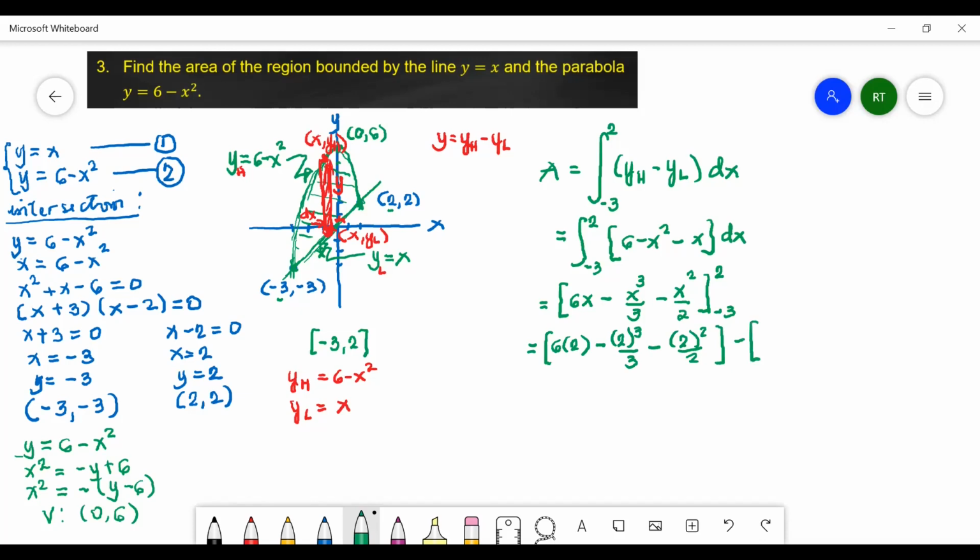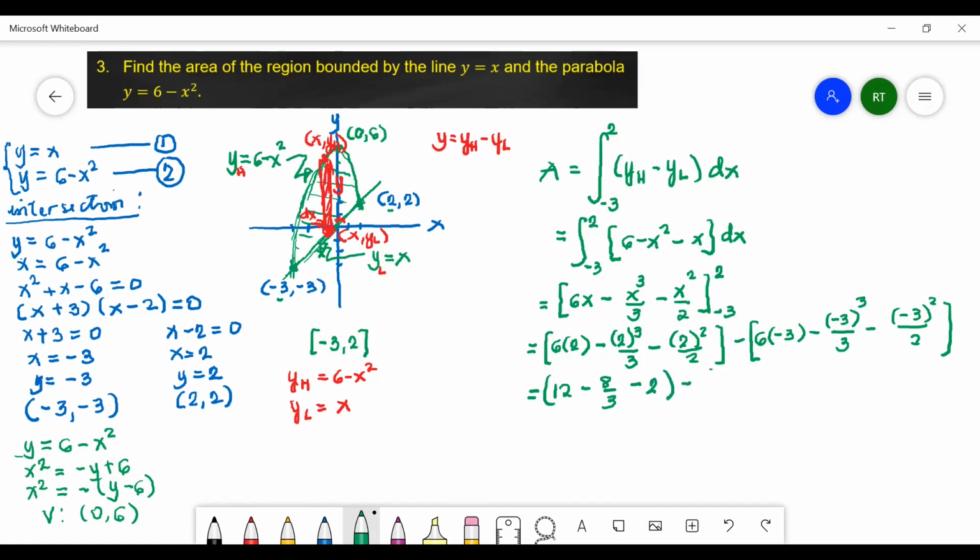So minus quantity 6 times negative 3 minus negative 3 raised to the third power over 3 minus negative 3 raised to the second power over 2. And then just simplify. We have 6 times 2, which is of course 12. 2 raised to the third power is 8, so minus 8 over 3. Then minus 2 raised to the second power is 4 divided by 2, which gives us 2.